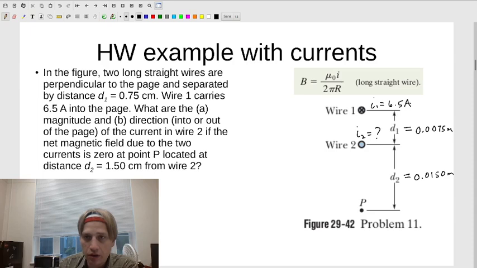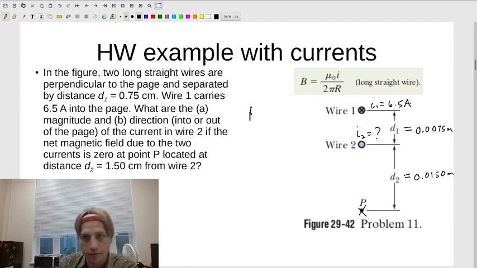Now, because I already know everything about wire 1, I could go ahead and stick in all of those numbers. I can stick in my I into this equation. I could also have an R. Now, keep in mind that for calculating my R1, that's the distance from this wire to the point that we're interested in looking at the magnetic field. It would actually have to be the sum of the two distances they gave us. It's not just D1 or D2.